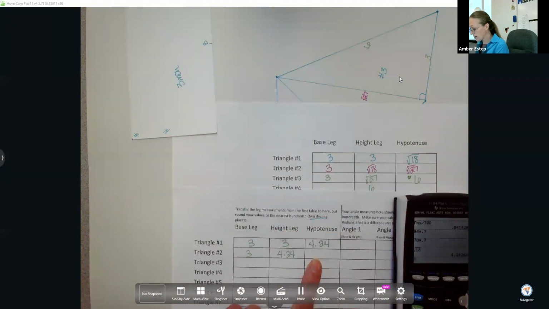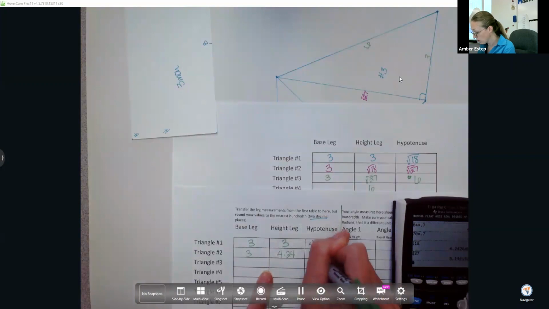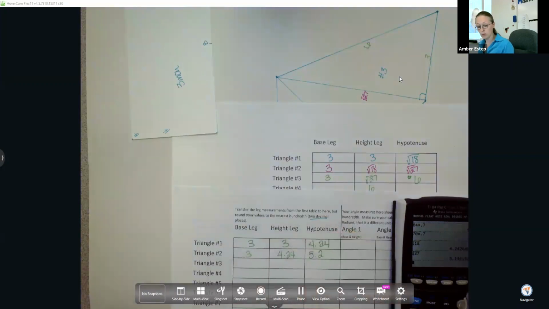So now let's do the next one. The square root of 27 is 5.196. This 6 right here tells me I have to round the 9 up. You have to round appropriately. So this actually rounds to 5.2.